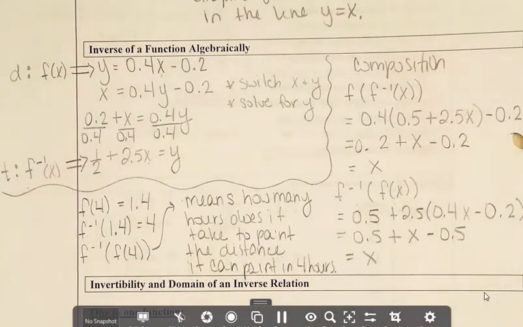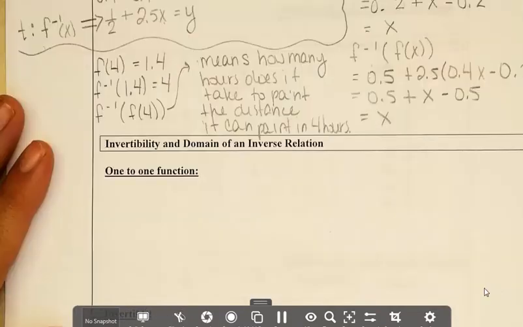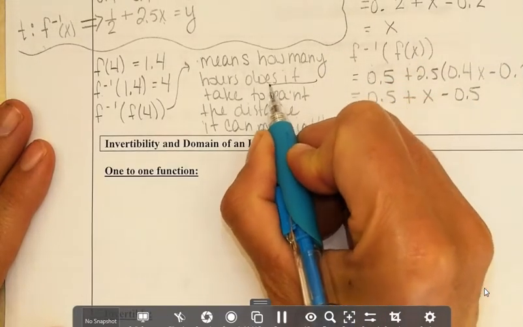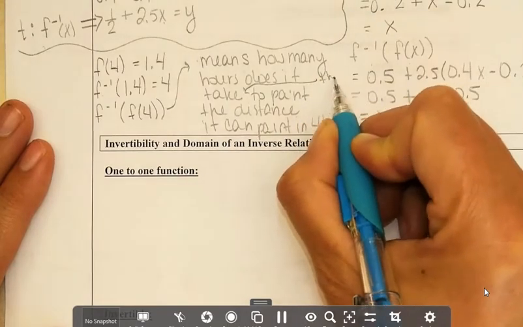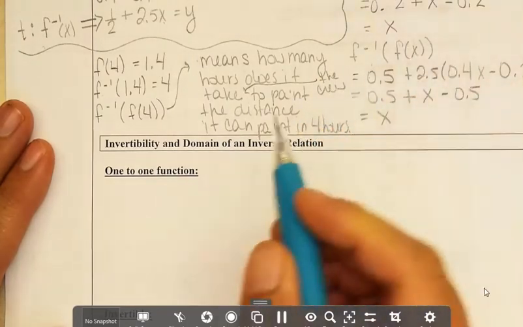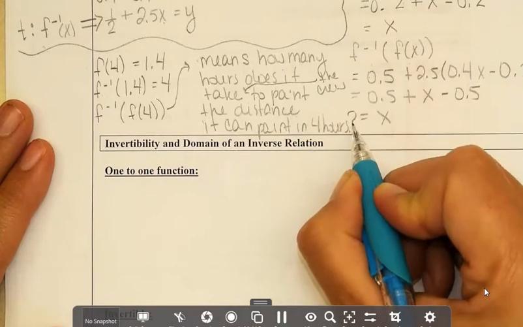Which is kind of silly if you really think about it, but there are truly uses for this. To make this make more sense, maybe we should say the crew. To paint the distance it can paint in 4 hours, and it's a question.